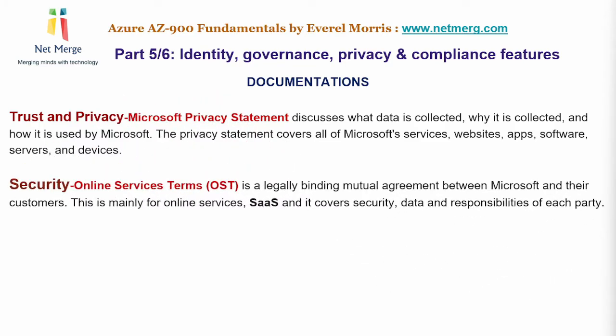Now let's take a look at what else we have on the agenda. Next, we have security. Now, Online Service Terms, OST, is a legally binding mutual agreement between Microsoft and their customer. So this is mainly for online services, mainly your Office 365 services at the software as a service level, and it covers security, data, and responsibilities for each party.